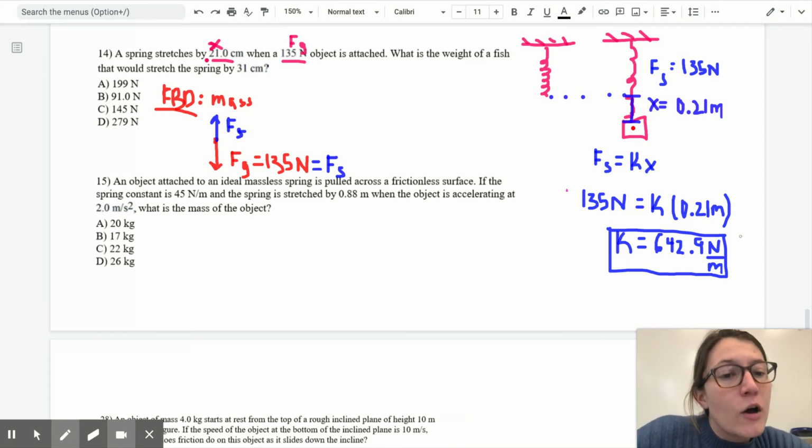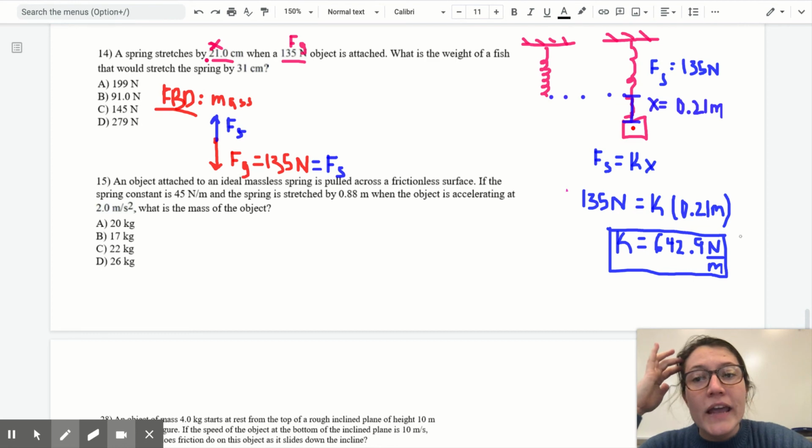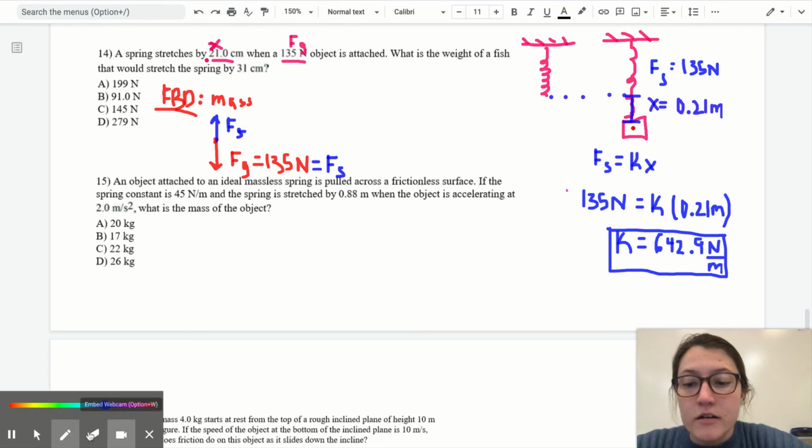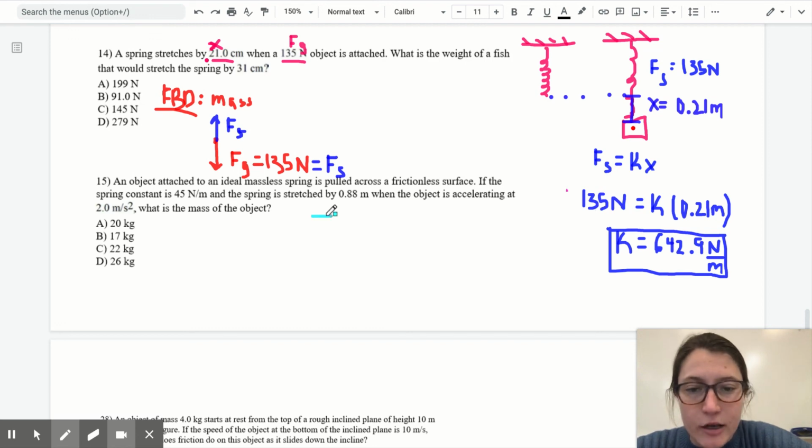Now that we know the spring constant of the spring, the second statement here says, what is the weight of a fish that would stretch the spring by 0.31 meters? Okay, so physically in this situation, you don't have to draw this, but just to help us visualize, we have this same spring. So the spring constant will not change.